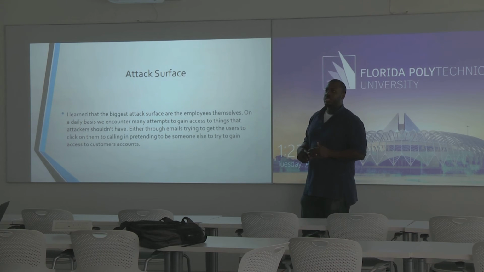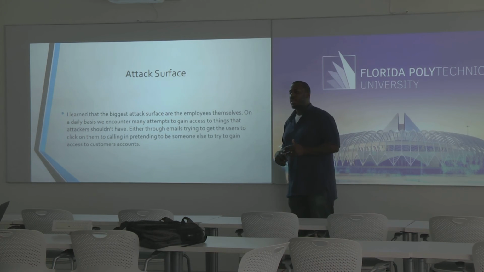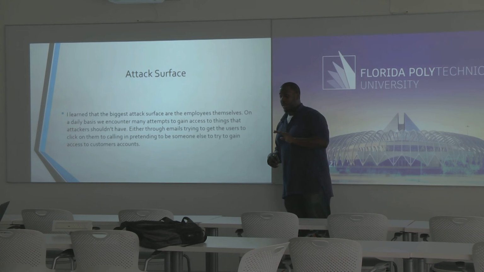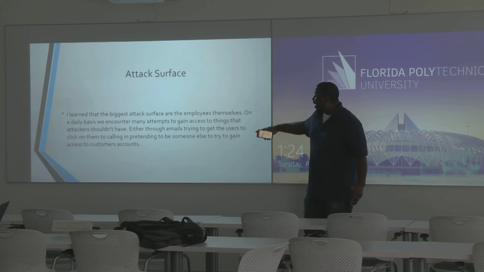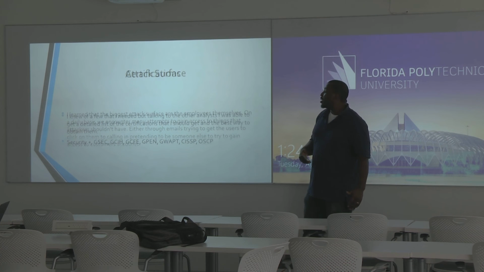On a daily basis, just me alone, I blocked about 20 to 40 senders who were sending random links that were known to be malicious. With Proofpoint, I had about 5 or 6 people who clicked random URLs that they had no idea who they came from. We caught it and blocked it, but if we didn't catch it, what would have happened? So that's the biggest attack surface I've seen.